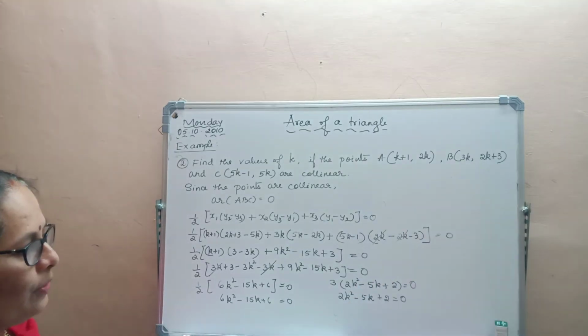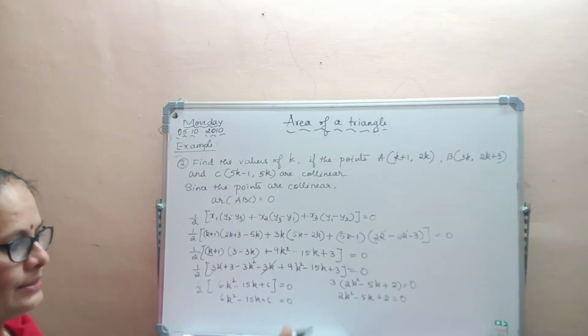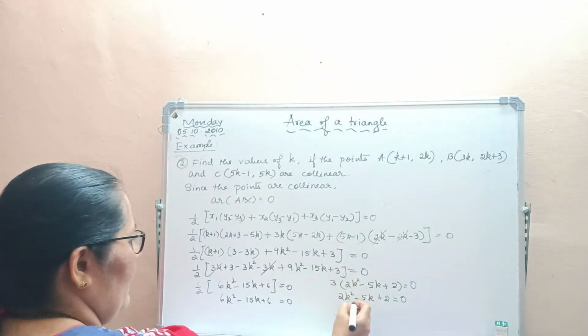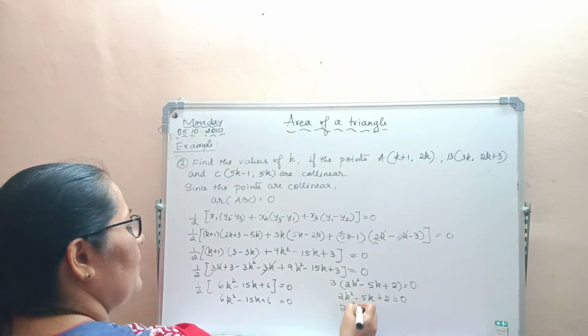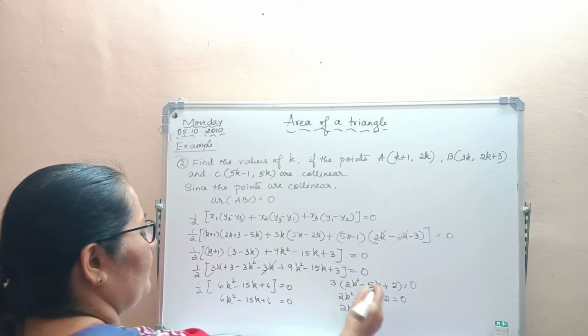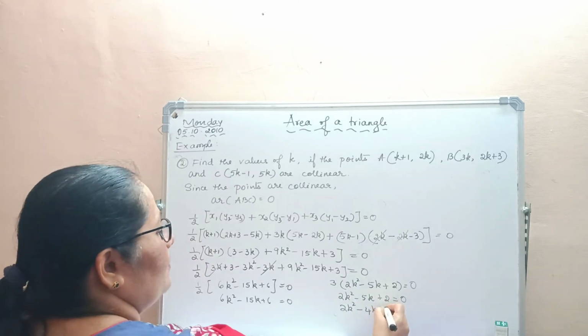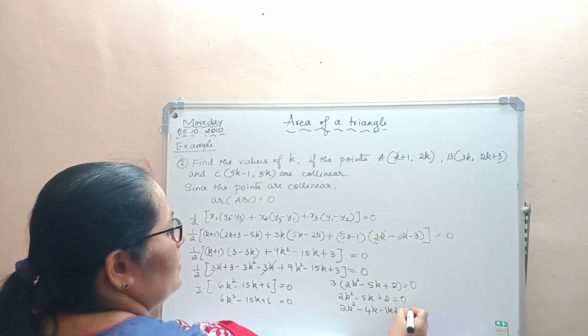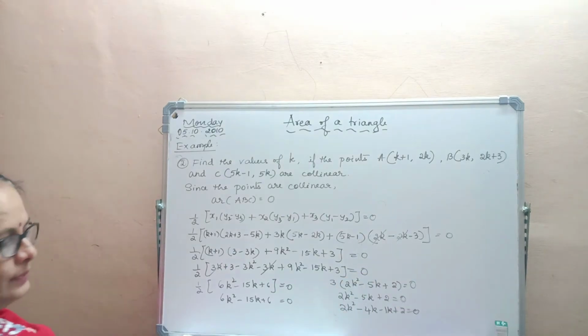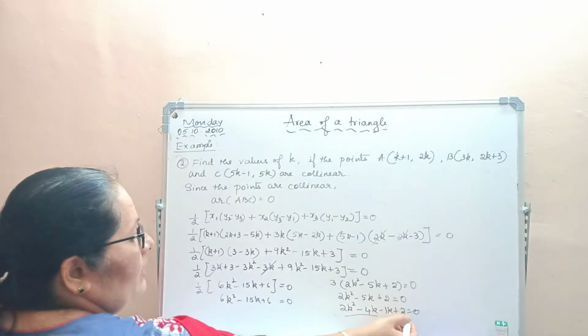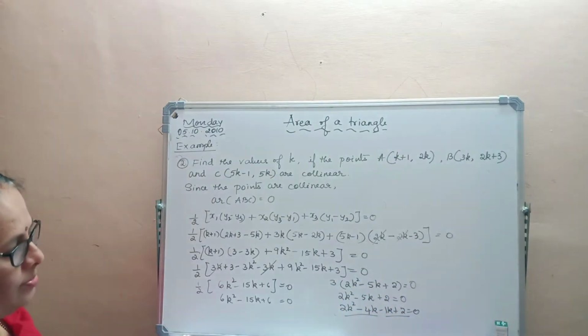Now product is 4, sum is minus 5. So split the middle term, you will get 2k square minus 4k minus 1k plus 2 equals 0. Now in these two terms take common and in these two terms take common factor.